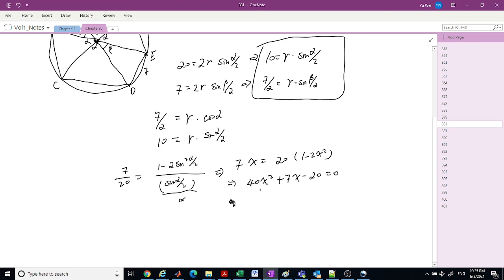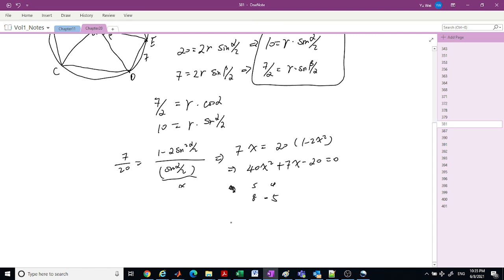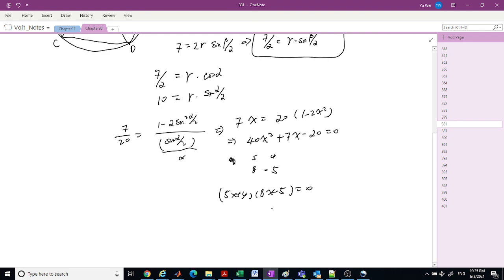Can I factor it? 20, 10... 5, 8, 4 and 5. Okay, so we can do 5, 8, 4 and 5, with the positive one here. So we can write (5x plus 4)(8x minus 5) equals 0. So that's this one. Yes, 36.